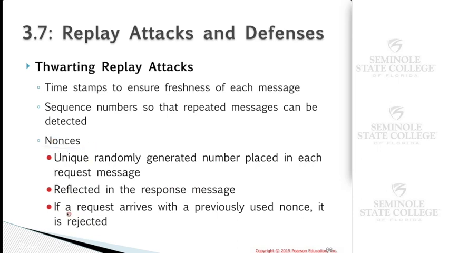So if a request arrives with a previously used nonce, it is rejected. That means I have seen this random number before, and I'm not going to work with this. So obviously nonces mean that you have to keep track, recording all the nonces that you've seen, so you can reject a nonce that is being repeated.